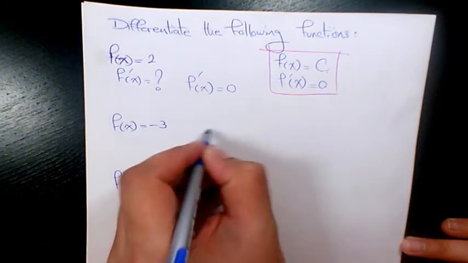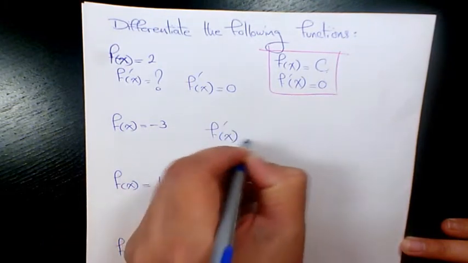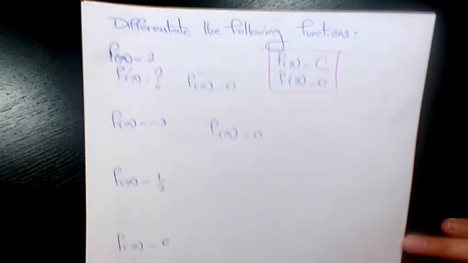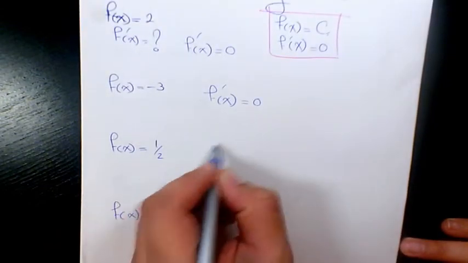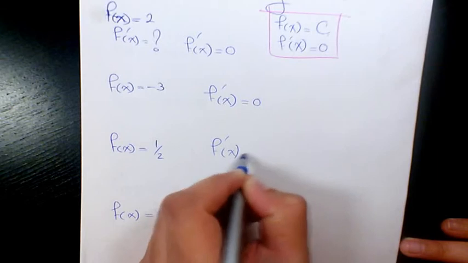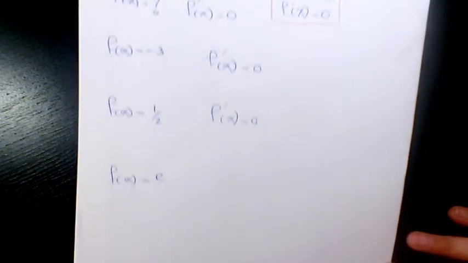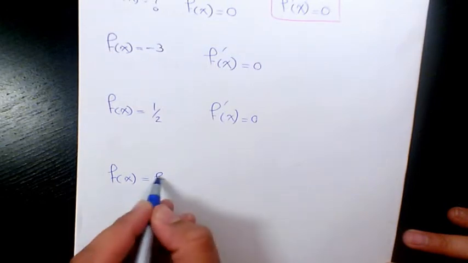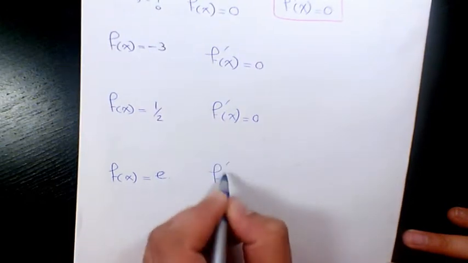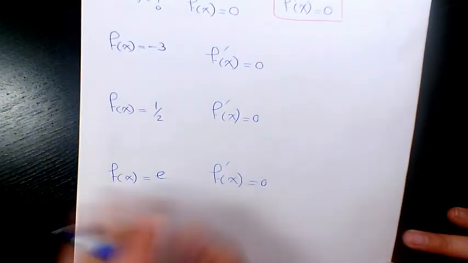Again, negative 3 is constant, so f prime x is 0. Next one, f of x is 1/2. Again, since it's constant, the derivative is going to be 0. Next one, f of x is a constant number, so again, this one is going to be equal to 0.